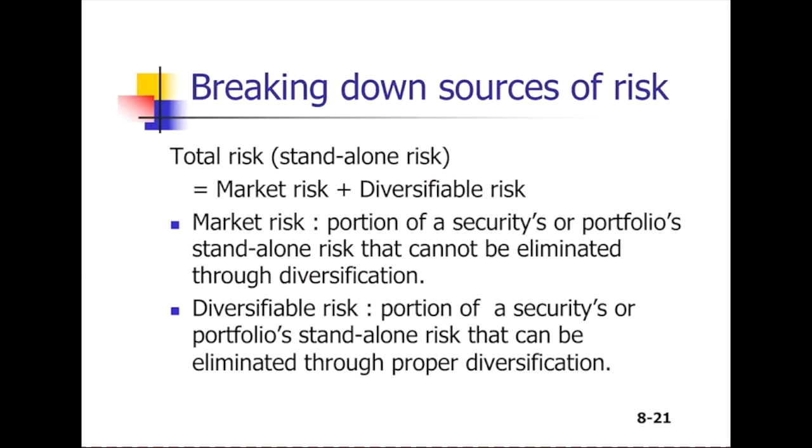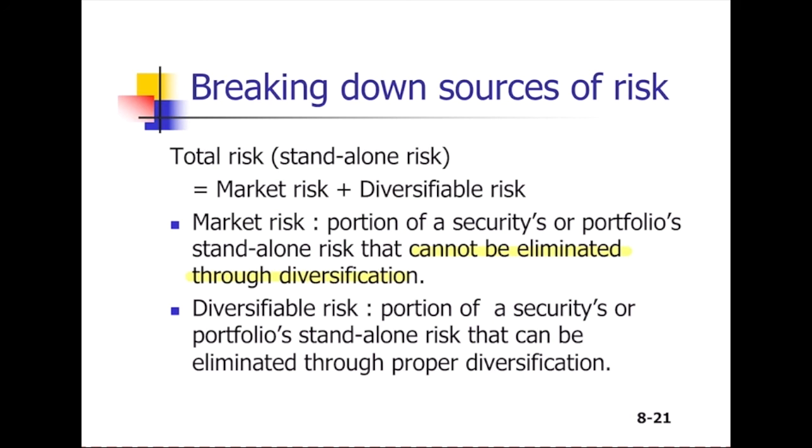So we can say there are two types of risk. The one is market risk. It is the portion of the security's or portfolio's standard risk that cannot be eliminated through diversification. And the other one is diversifiable risk.